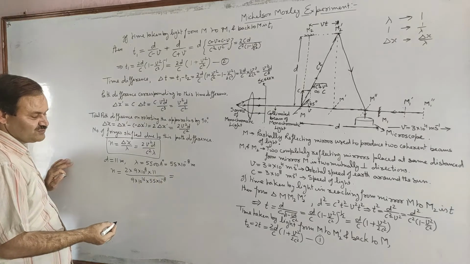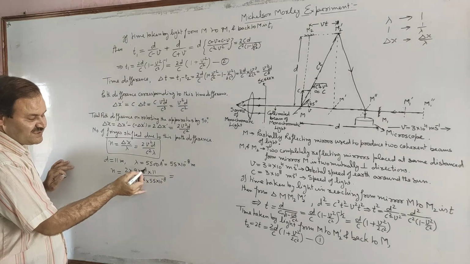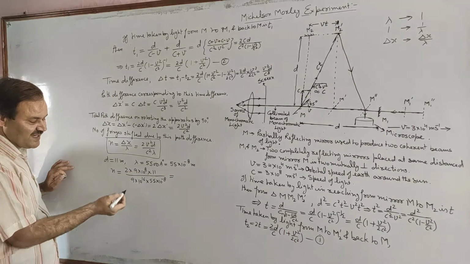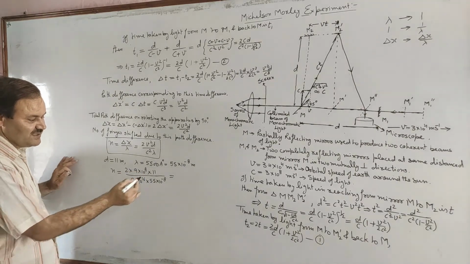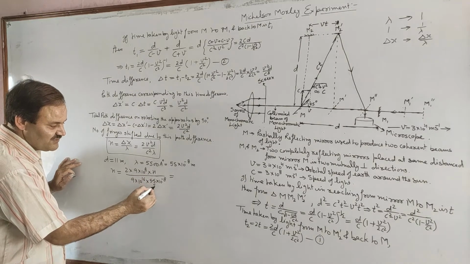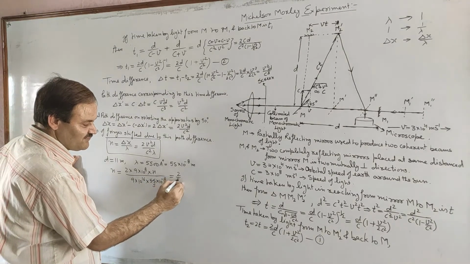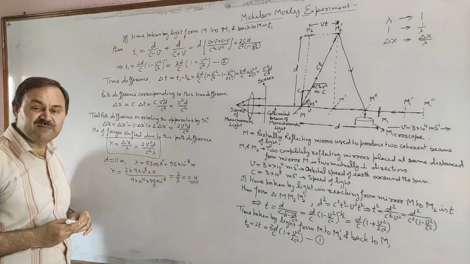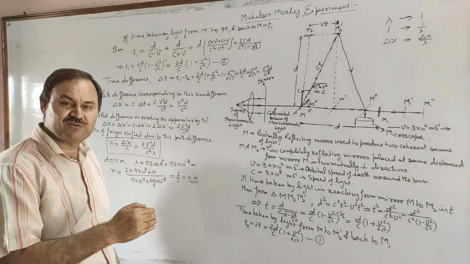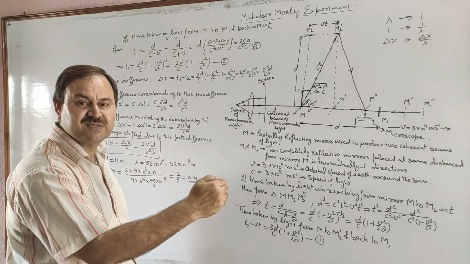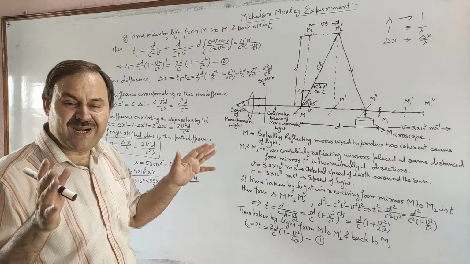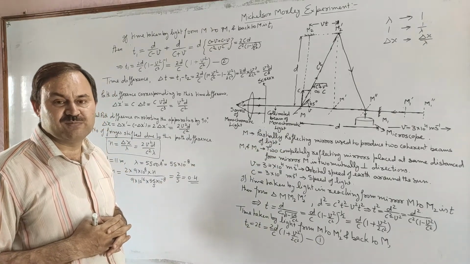Minus 8 will become 8 here, so 10 to the power 16 will get cancelled, 9 will also get cancelled, 11 by 55 will be 1 by 5, so it will be 2 by 5, that is 0.4. It means 0.4 fringe should shift in the field of view of the microscope attached to the interferometer.